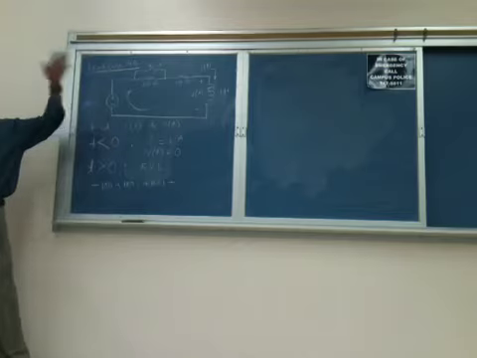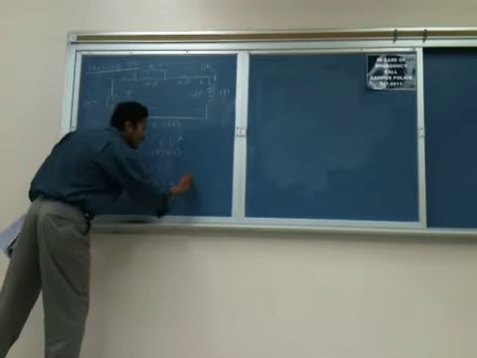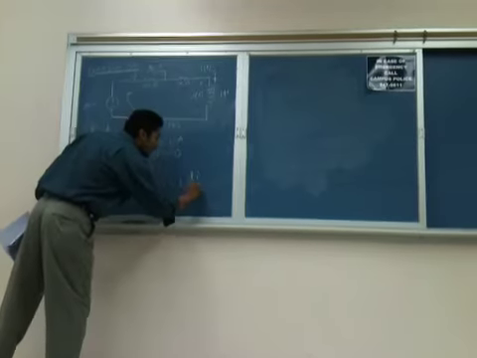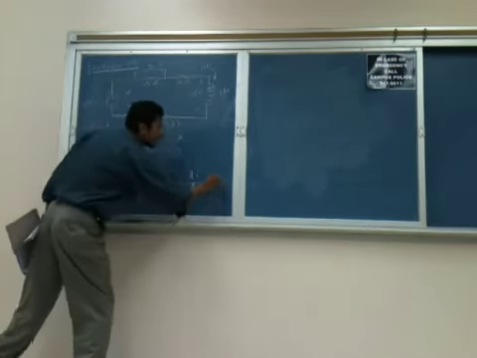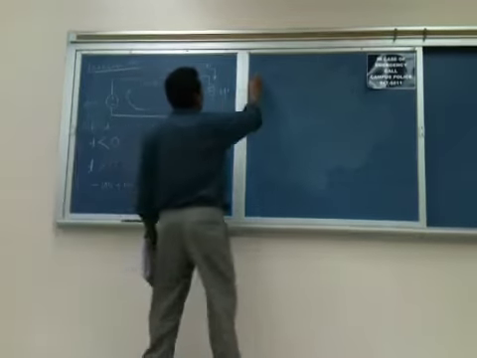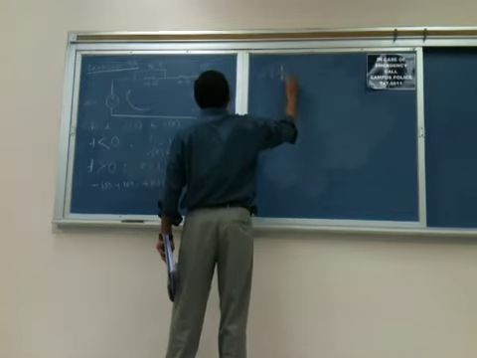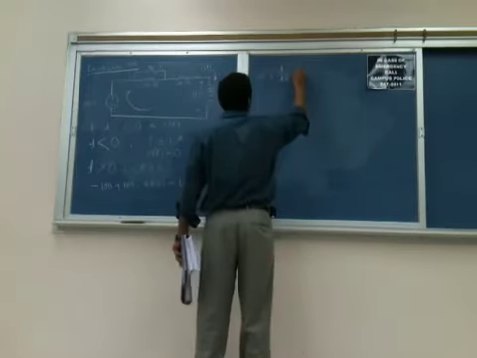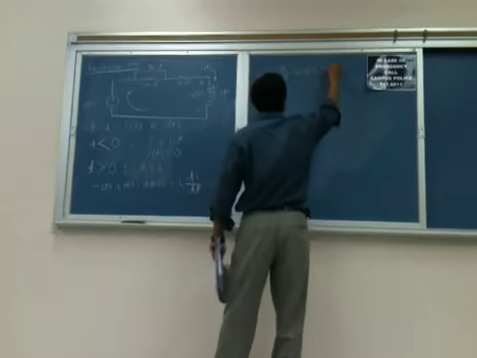L di over dt. Exactly, L di over dt. That's gonna be equal to 0. Now we have L di over dt plus 200I, and it's gonna be equal to 100.